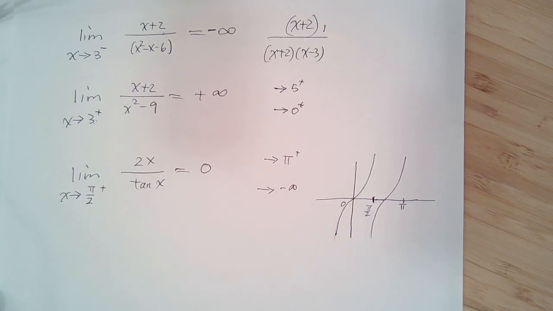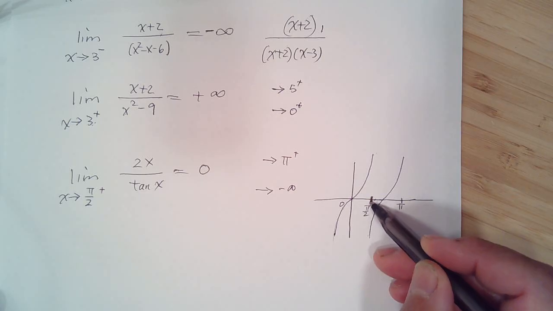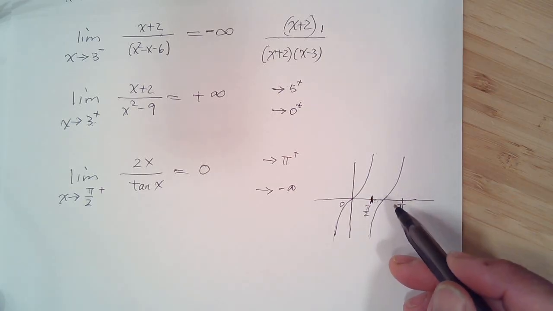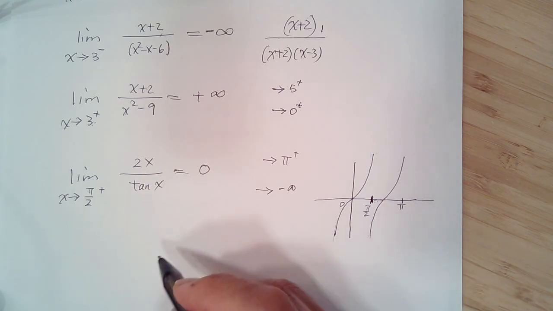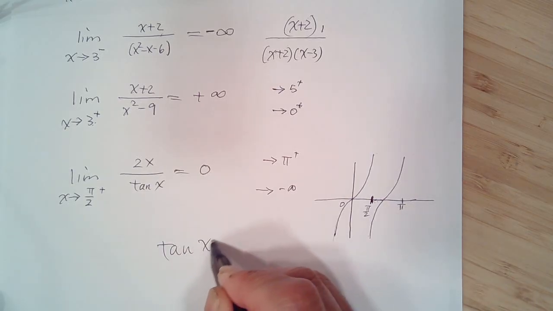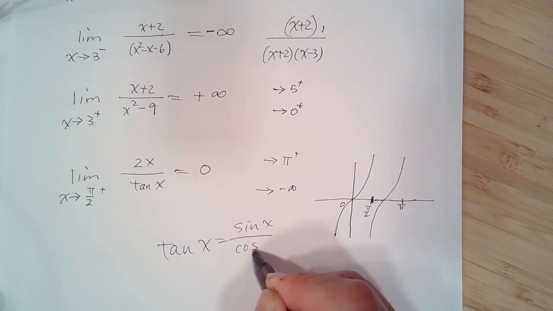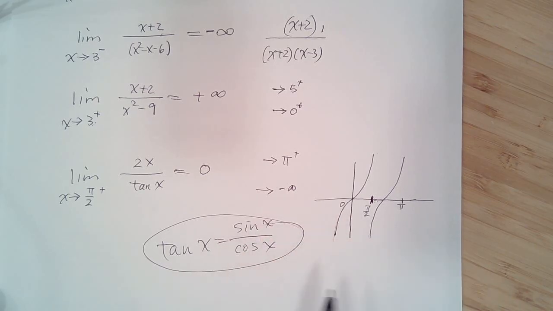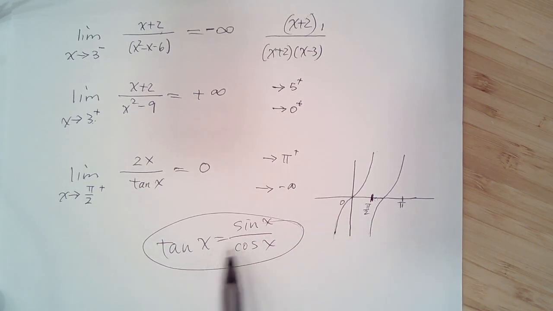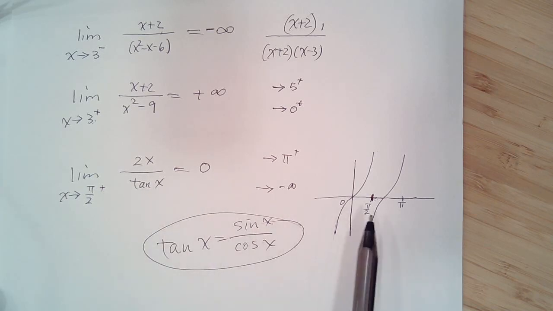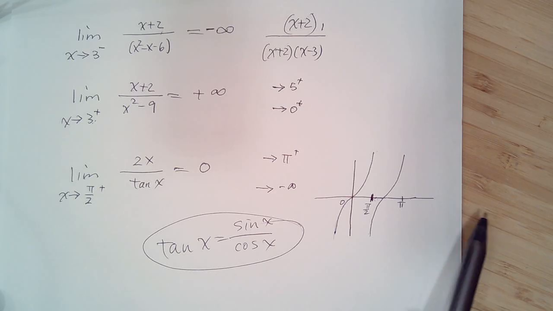So for tangent, that's sine x over cosine x, right? What x will make your tangent 0? That's when your sine is 0. So that's 0 and pi and so on.